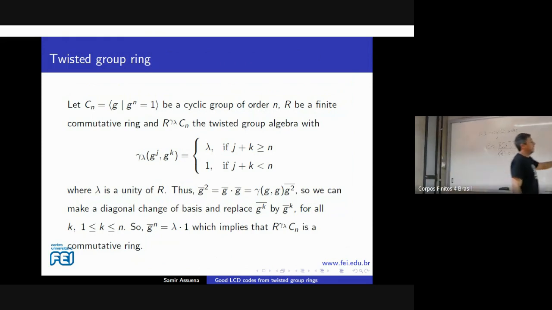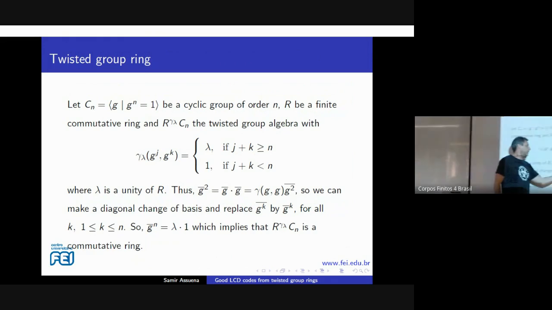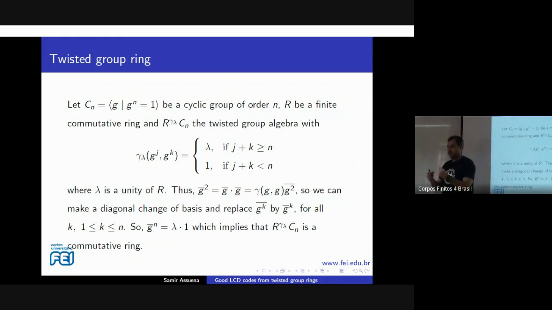So, in the case of cyclic groups, what happens is, when you compute, for example, g bar squared, of course, my definition is g bar times g bar, but we have here some coefficient that multiplies g bar to the square. And so on, making these operations, computing the powers of the elements g bar.